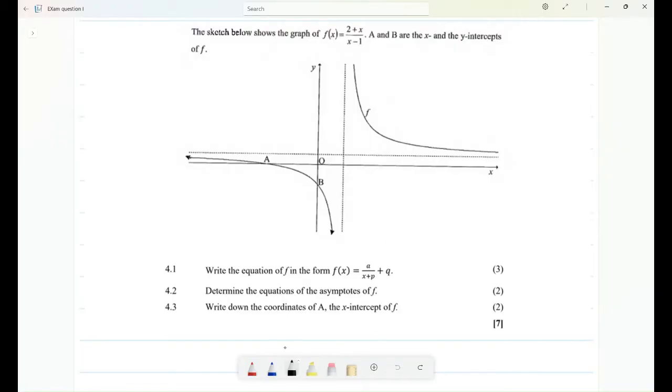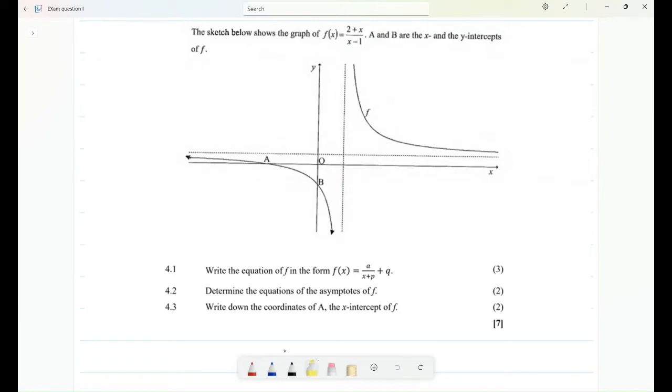Now, let's read. We are told that the sketch below shows the graph of f of x, which is equal to (2 + x) divided by (x - 1). A and B are the x and y intercepts of f respectively.